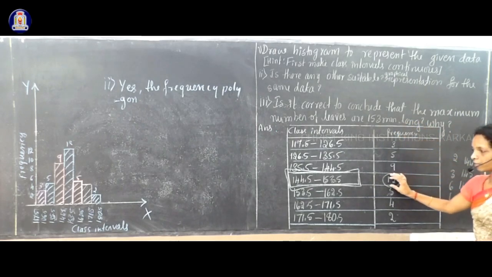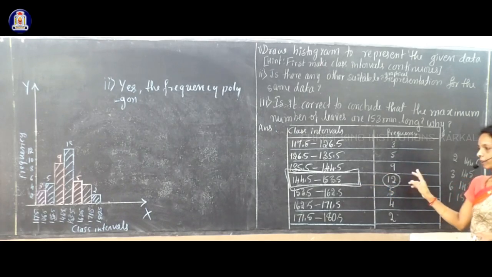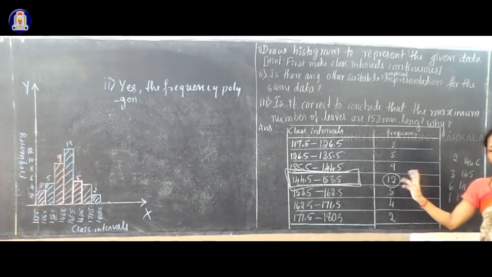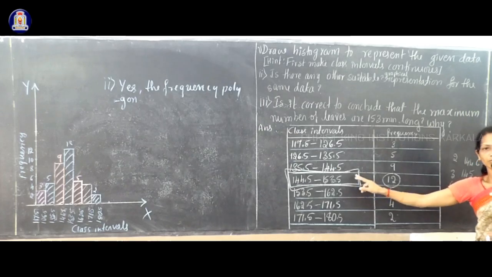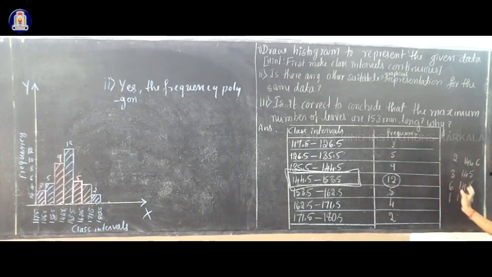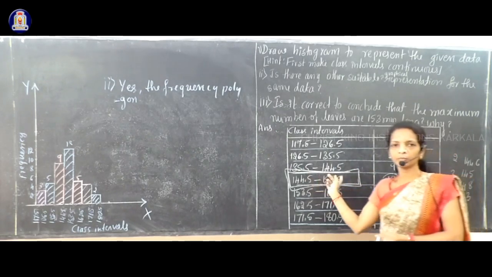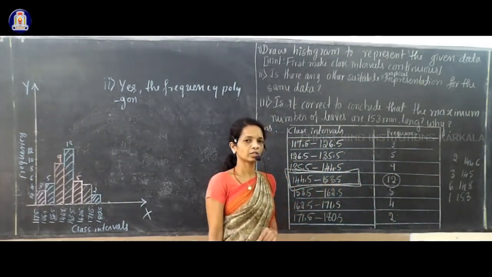Here I showed one possibility; like that there are many possibilities. The 12 leaves may have any length in between 144.5 and 153.5.